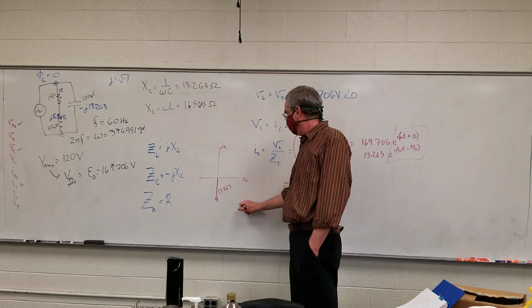It's just like converting a vector from ij components into polar, so I need a magnitude and an angle. Magnitude 22.64. Okay? And it's a first quadrant angle.